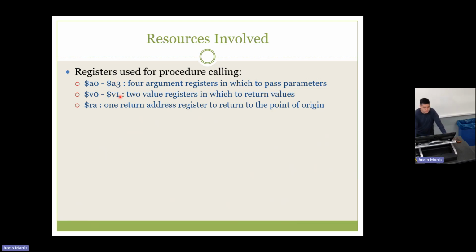And then V0 and V1 are used to return values. So you can have multiple returns. And then the register RA is the return address to return to where you called the procedure. But more specifically, it's the instruction right after the call to the procedure.